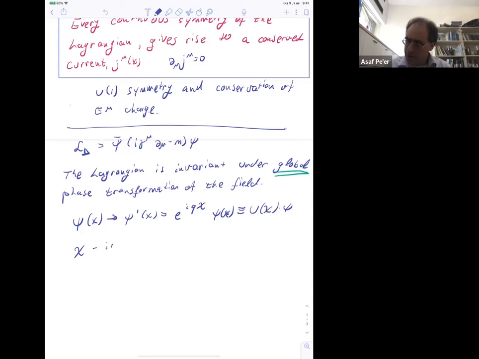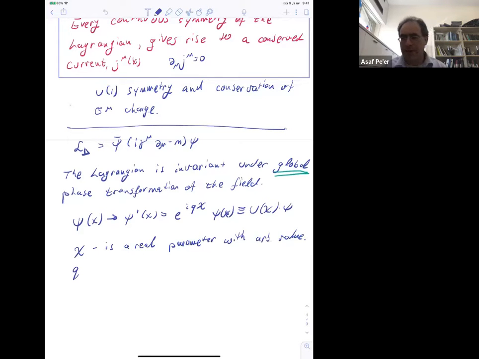So chi is a real parameter with arbitrary value. And q is a constant of the model, which is going to be equal to the electromagnetic charge. We'll see in a few seconds why I did that.